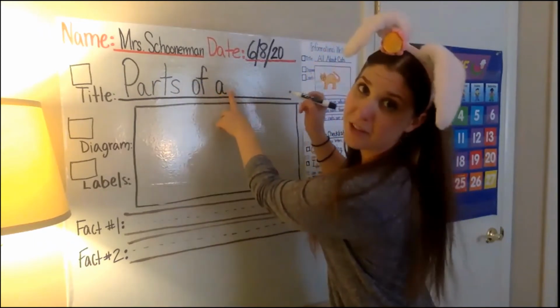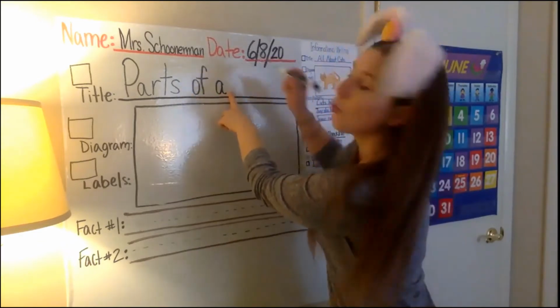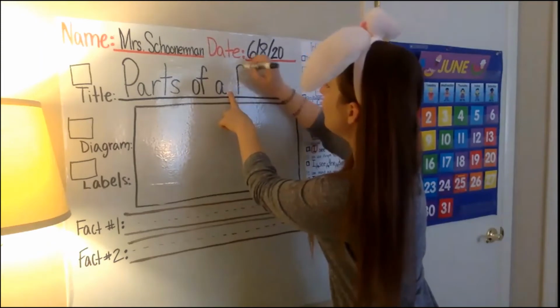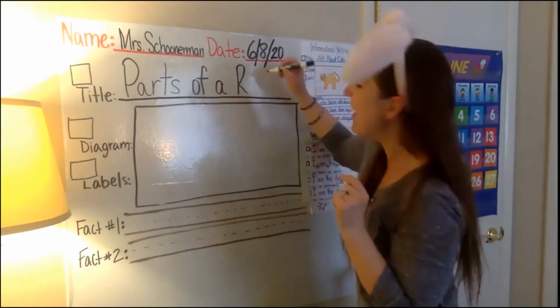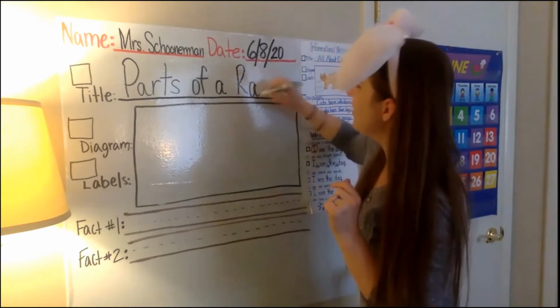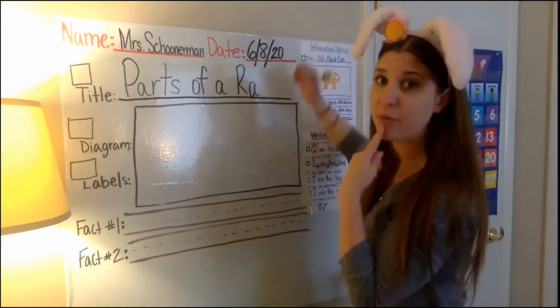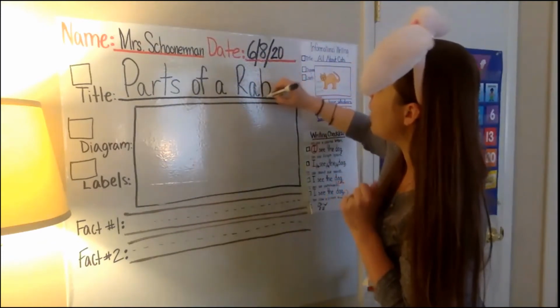Leave another finger space. Now we're writing the word rabbit. R. You hear the R at the beginning. I hear an A. Rab. B. Remember how to make a B. Dive down, swim up, around, bump.